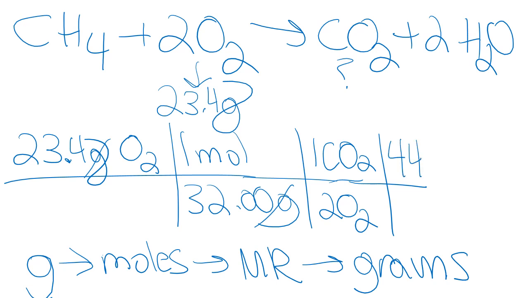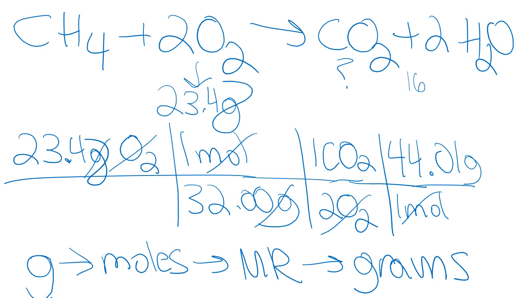Carbon dioxide: oxygen is 16, there's 2 of them, that's 32.00, plus carbon is 12.01, so that's 44.01 grams per 1 mole. If you're good with units, we can cancel all that out, and we see that essentially we have grams of carbon dioxide.